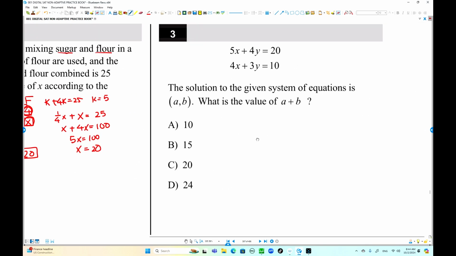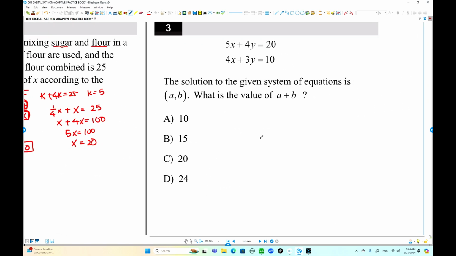Here is number 3. We have a system of equations. So what is the value of a plus b? When you take a look over here, a plus b or 2a plus b or some other, anyway, the sum of two solutions, so x and y. In this case, I want to try addition or subtraction already, okay?